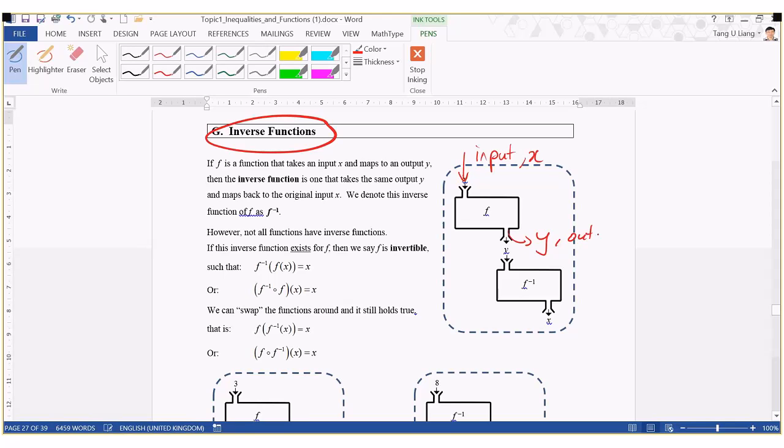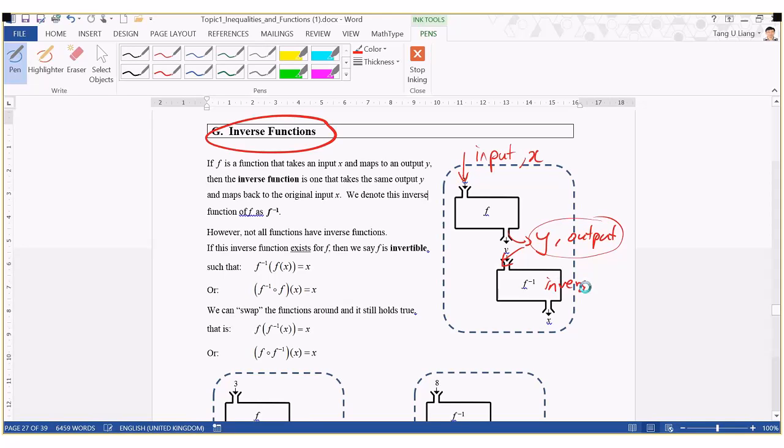Now, because you learn about composition of functions, we can do this. We can take the output y and dump it into what we call the inverse function machine. The inverse function, this guy over here, f to the power negative 1.